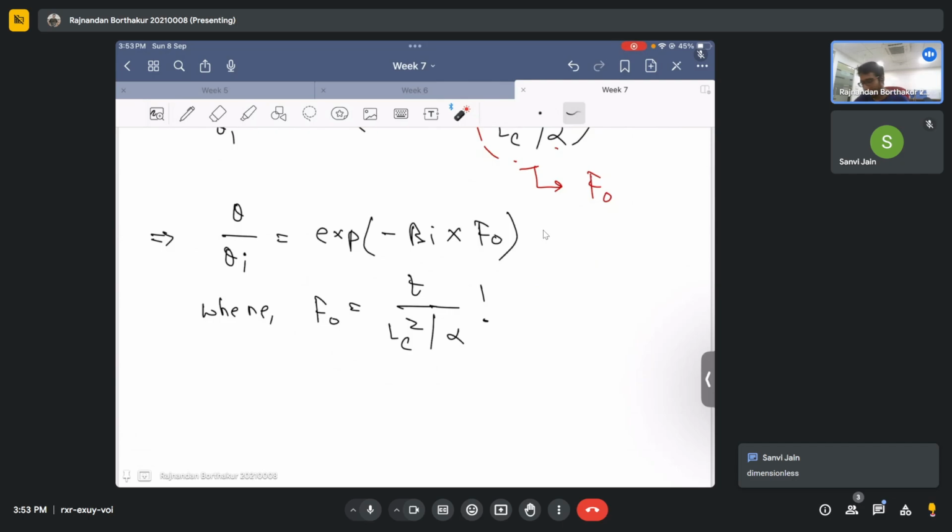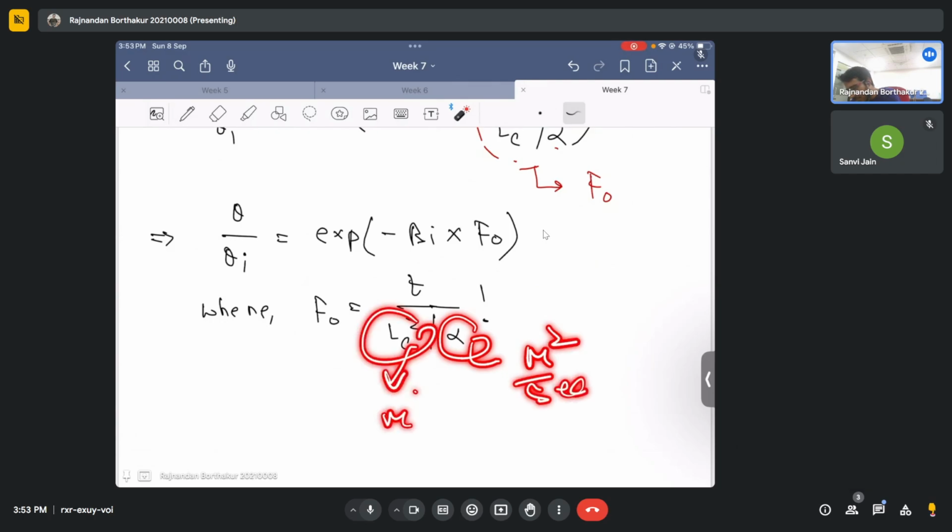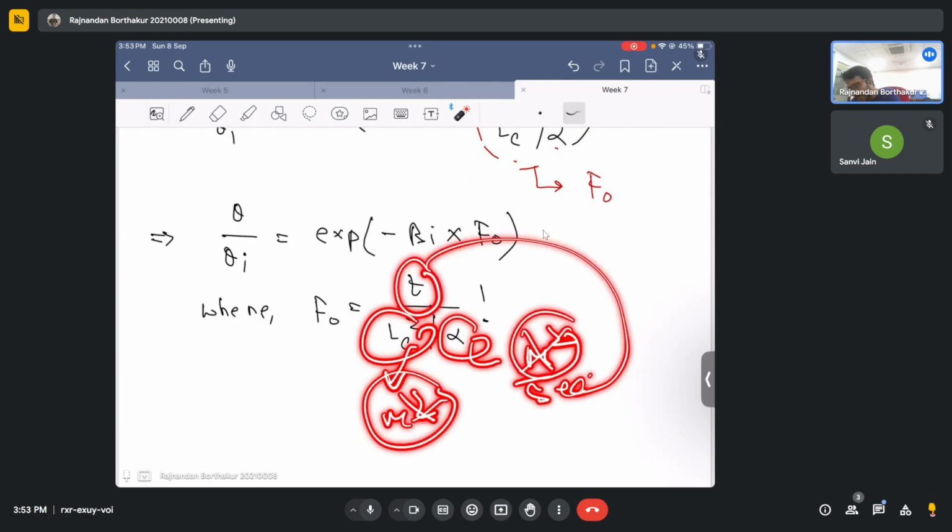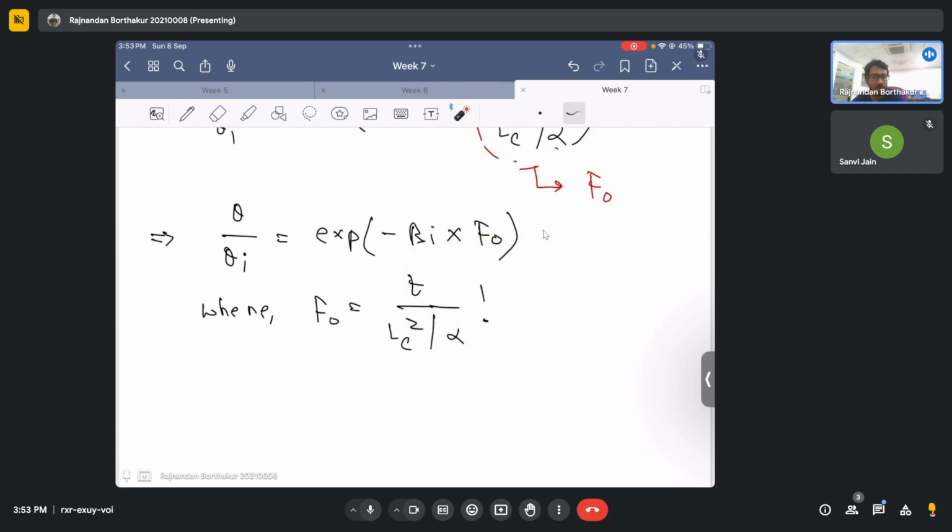Yes, it is dimensionless. That is because alpha has a unit of meter squared per second, and Lc squared has a unit of meter squared. So meter squared and meter squared cancel out, and the time cancels out too. The dimension of alpha t is L squared, so the Fourier number is dimensionless.